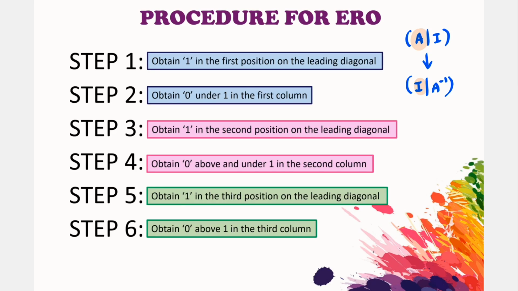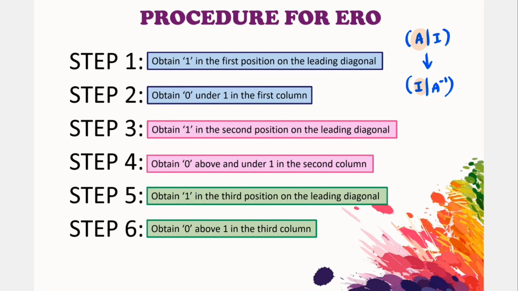Once we change A into I, the identity matrix on the right will be changed into the inverse matrix along the process. For each column, we always start with obtaining the leading diagonal into 1.